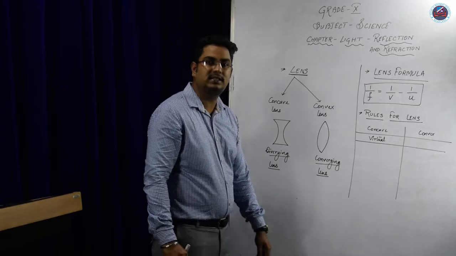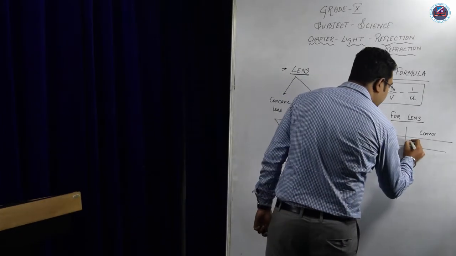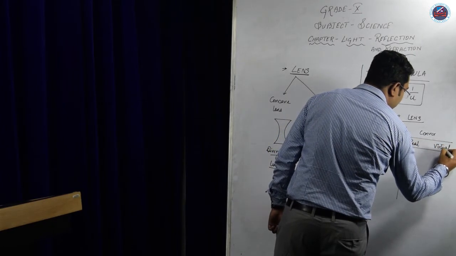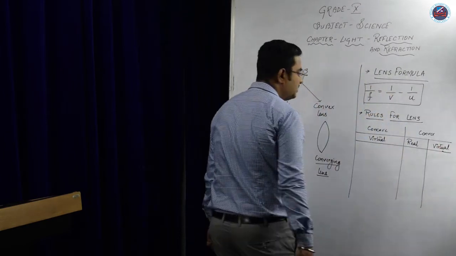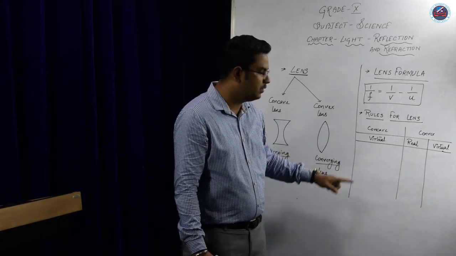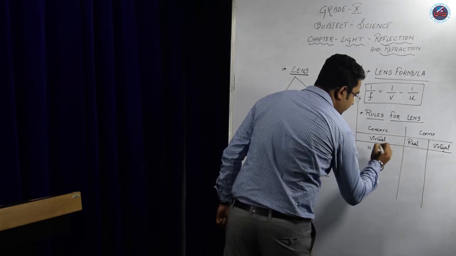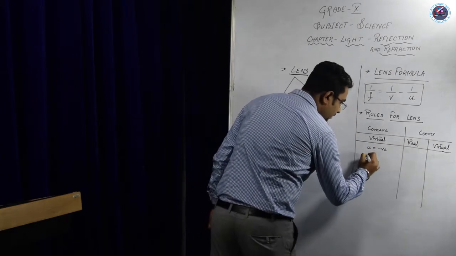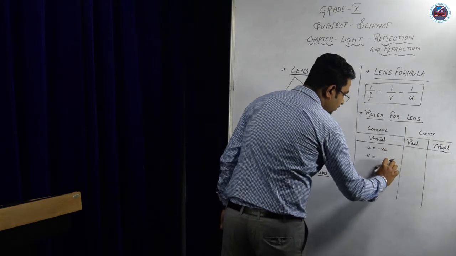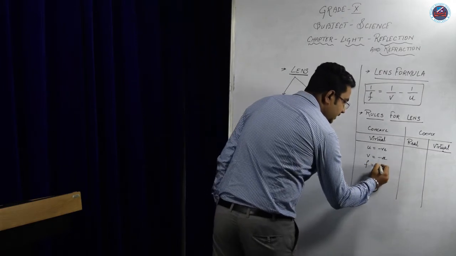Whereas a convex lens can form two types of images, a real image as well as a virtual image. Now for a concave lens virtual image, the value of u we always consider as negative. The value of v we consider as positive. The value of focal length we will always consider as negative.